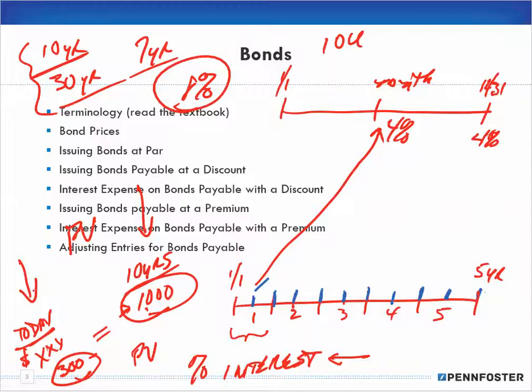So you as the purchaser are going to pay $300 today and expect to get $1,000 10 years from now. But remember, that's a present value issue, and there's parity between those two figures. It means you're not gaining or losing anything because of the time value of money.